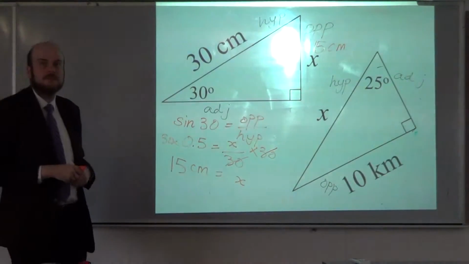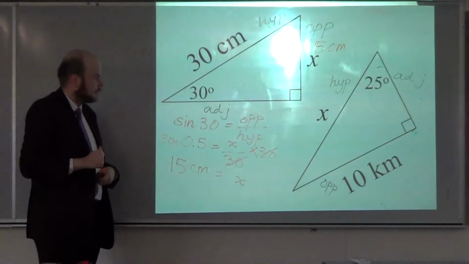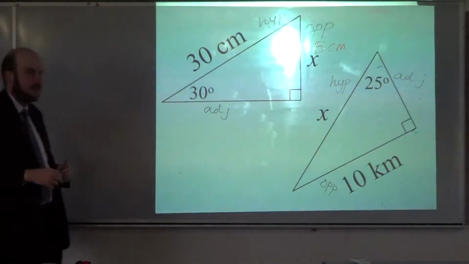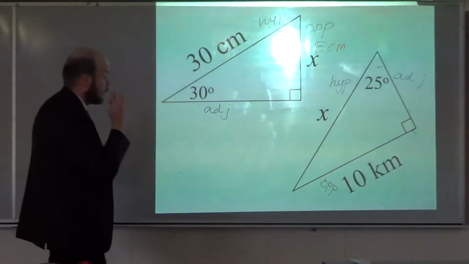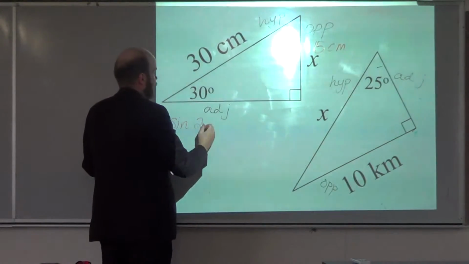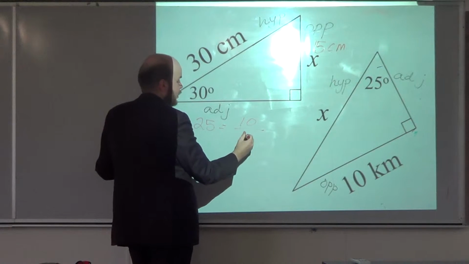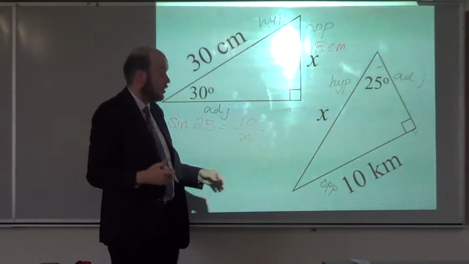There we go. Okay, now to work out the other triangle. So I'm going to go sine 25 is equal to 10 over x, because sine is opposite over hypotenuse.